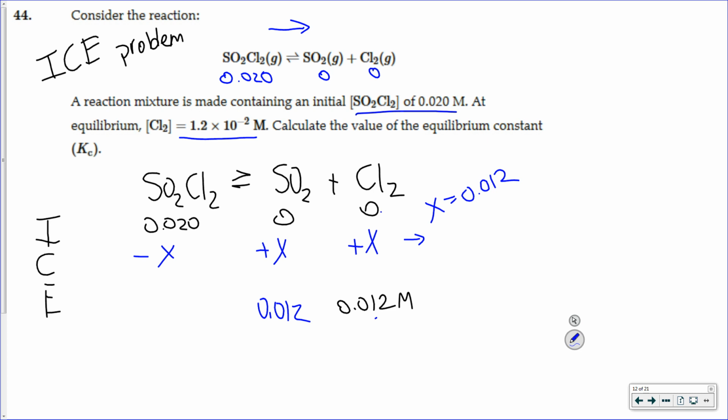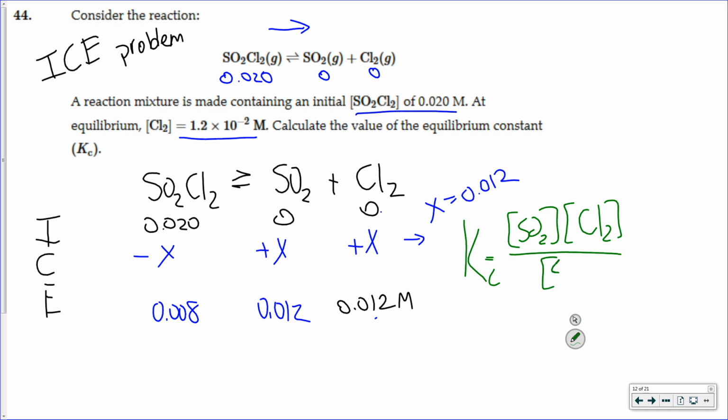It's the initial amount less X, so 0.008 is going to be left. Okay, so now I know those. It's just a matter of plugging in K sub C, products over reactants. Nothing's raised to a power because it's all one-to-one stoichiometries.